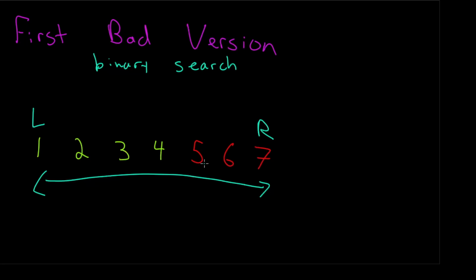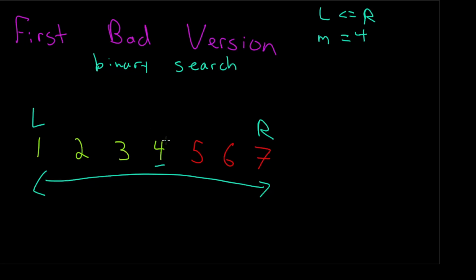So how we're going to do this is within our binary search, which is of course going to be defined as a loop while L is less than or equal to R. That's an R, by the way. And we're going to calculate the midpoint. So M is going to equal, in this particular case, 4. And then we're going to ask the question, is this value 4 a good version or a bad version?